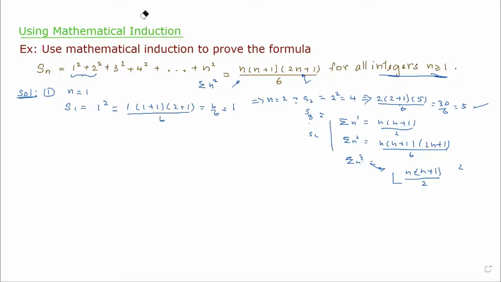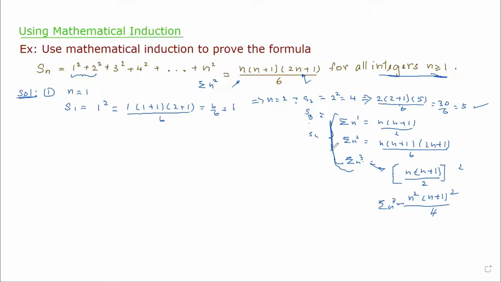That means sigma n power 3 equals n power 2 times (n plus 1) the whole thing power 2, over 4. That equals sigma n cube. Remember these three formulas I used to give you when we learned sequences and series.